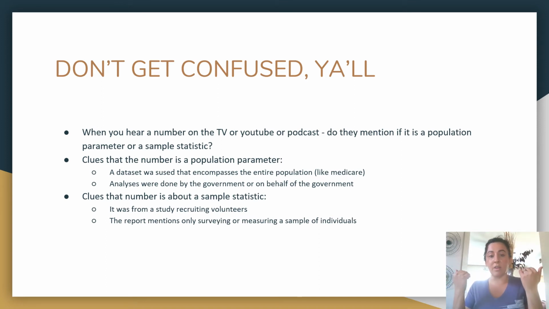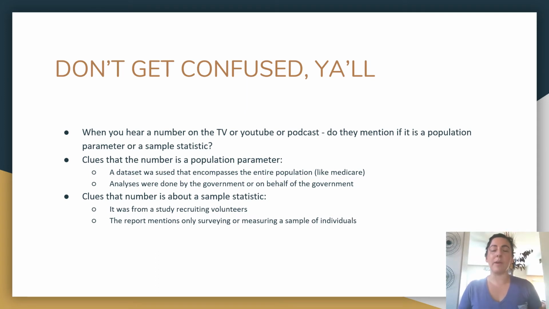Some clues that it might be a sample statistic, where they are only looking at a sample, might be that in studies they'll say, oh yeah, we gathered data from volunteers, or we recruited volunteers or participants. Participants is a big word you use in research.